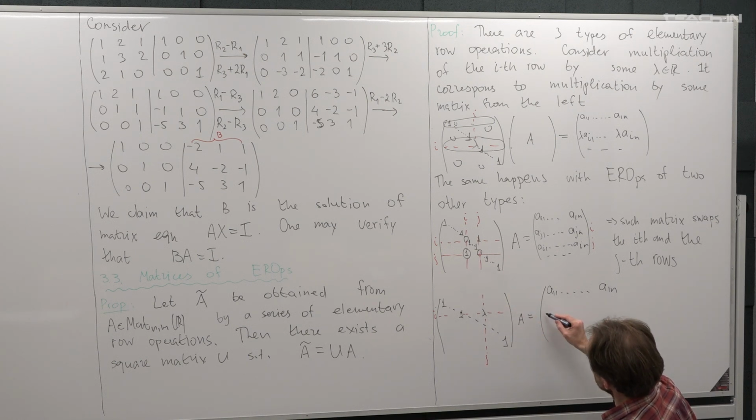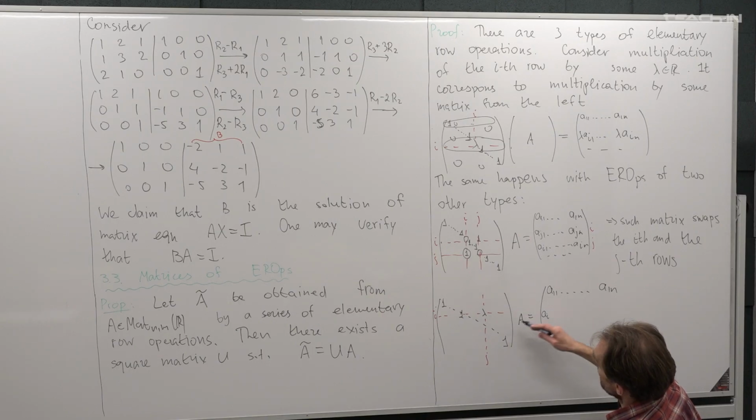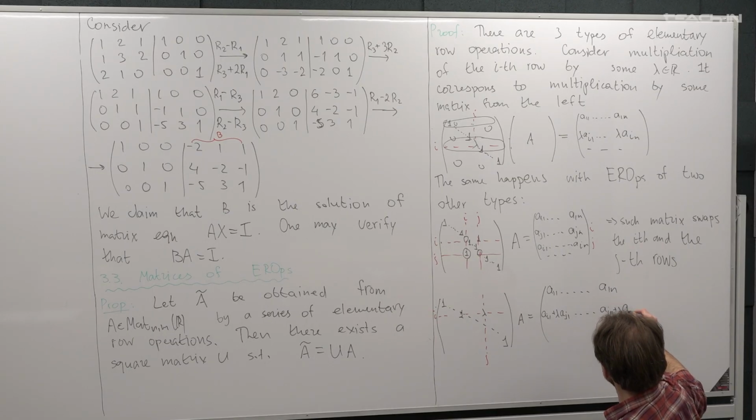So this is exactly adding the jth row multiplied by lambda to the ith row. So I'm going to get A_i1 plus lambda times A_j1, etc., A_in plus lambda times A_jn here. And so all other rows remain unchanged.